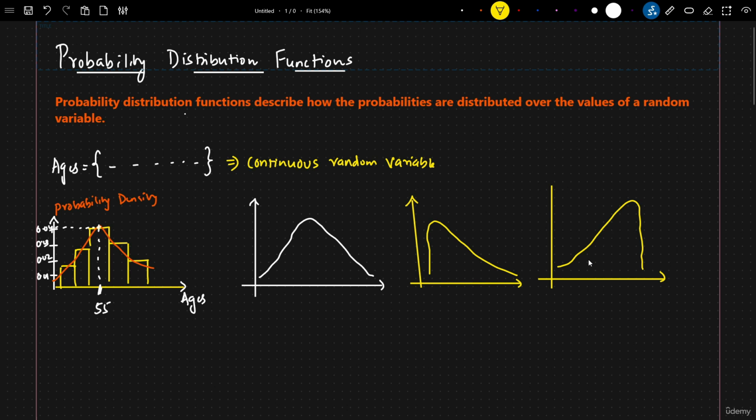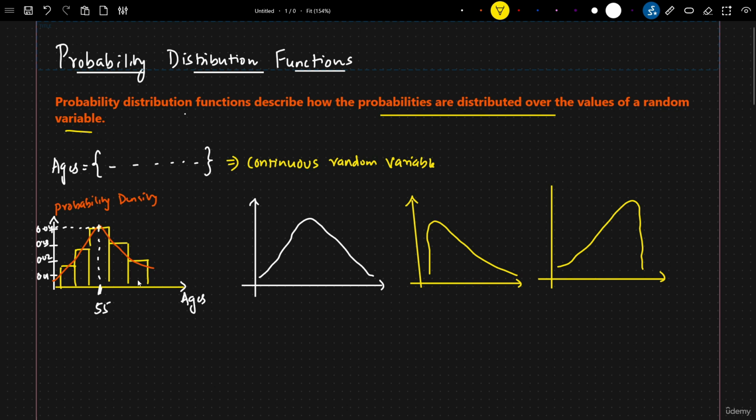And each and every distribution of the data is really important for us, because as a data analyst or as a data scientist, this kind of distribution says some basic information about this particular data, and you can draw some conclusions out of it. What the different kinds of distribution are, we'll discuss as we go ahead, right? But this probability distribution function helps us to understand how the probabilities are distributed over the values of a random variable.